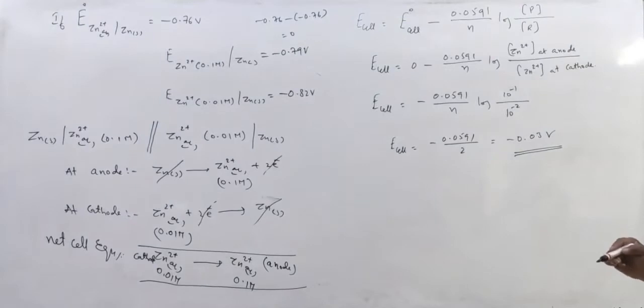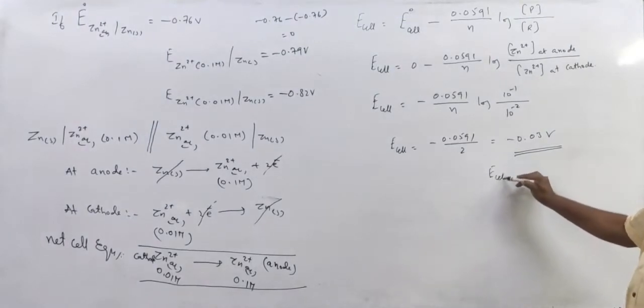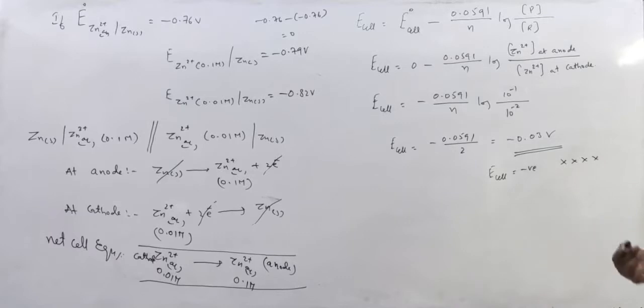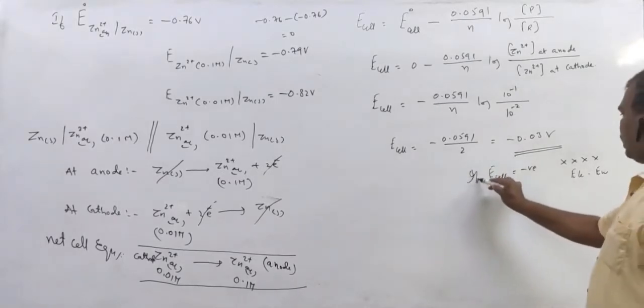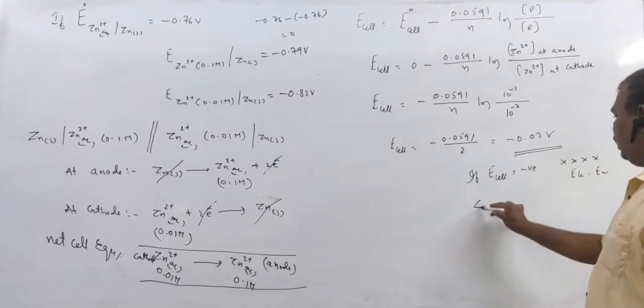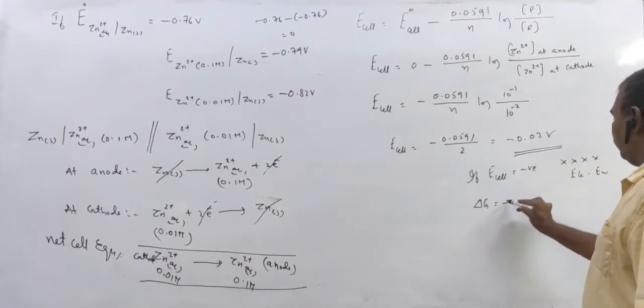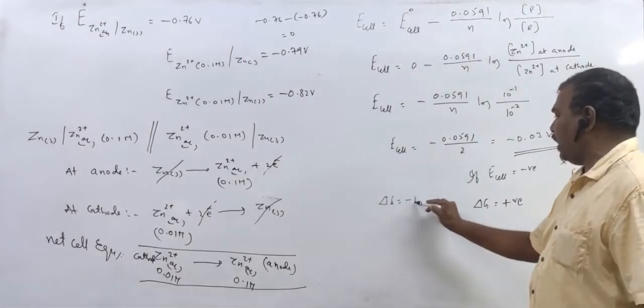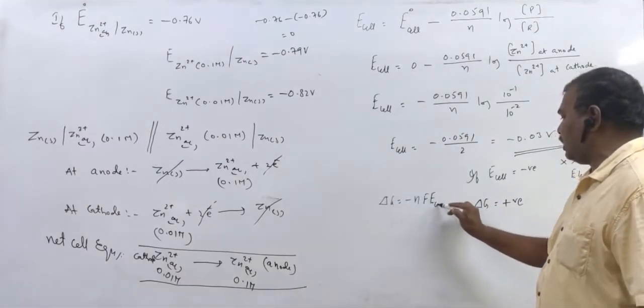E cell is negative. If E cell is negative, then the cell does not produce electrical energy. If E cell is negative, then del G is positive, because del G is equal to minus nFE cell.